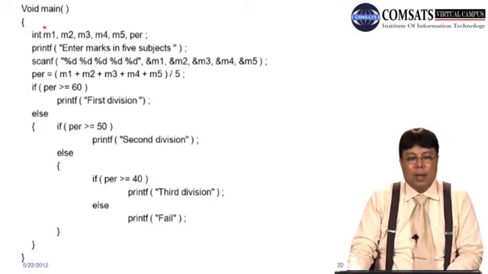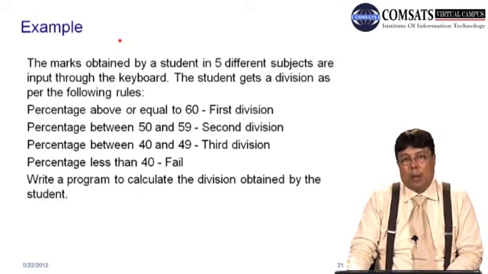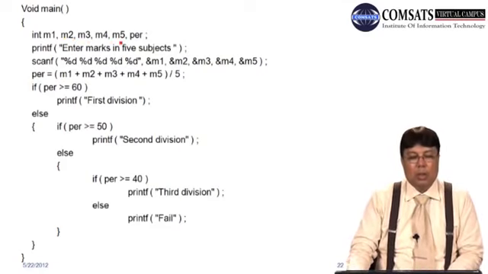What is this? M1, M2, M3, M4, M5. You see, we were required to enter the result of 5 subjects. So we have 5 variables for 5 subjects: M1, marks for subject 1, marks for subject 2, marks for subject 3, marks for subject 4, marks for subject 5, and percentage.